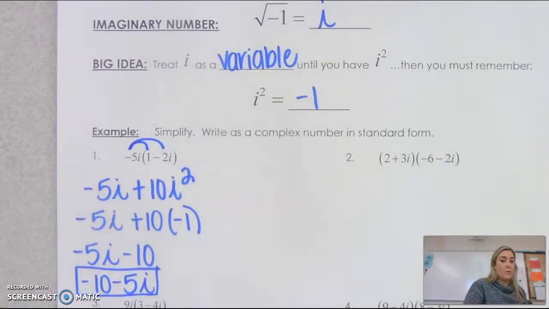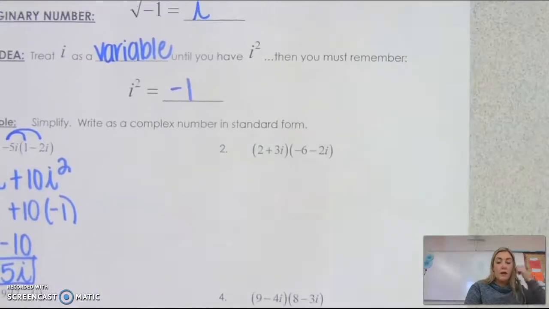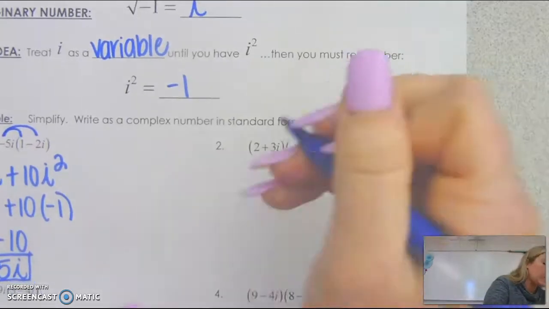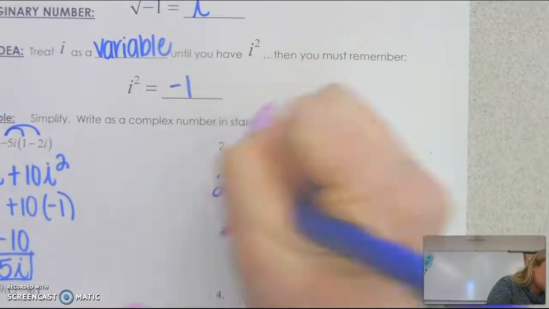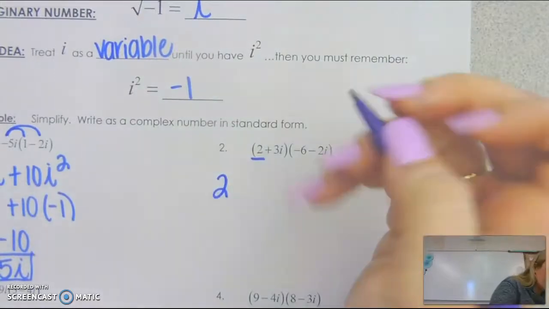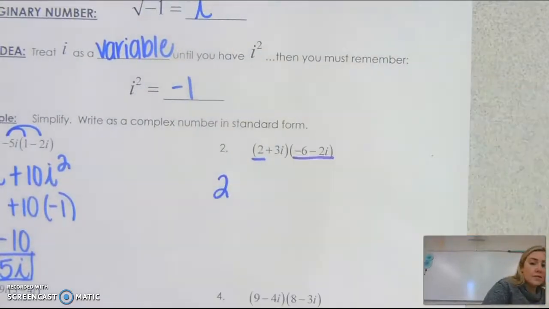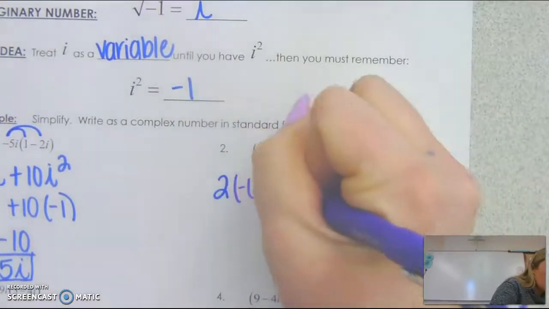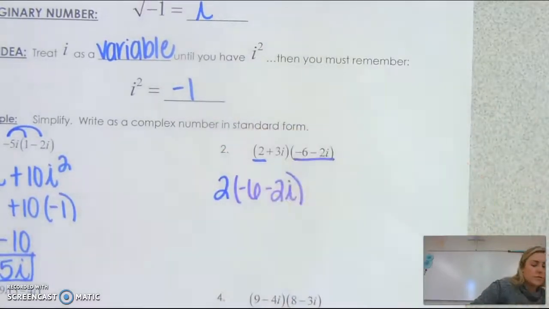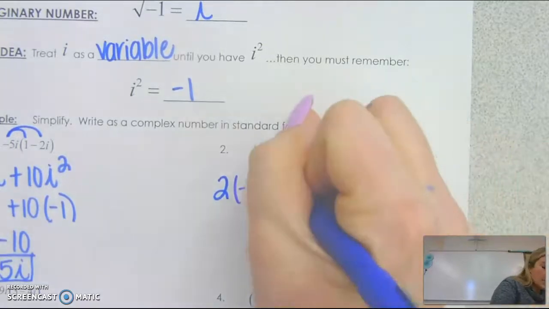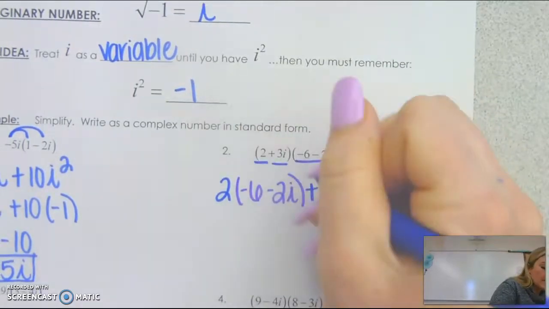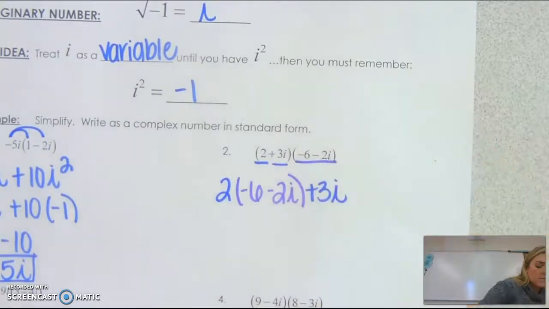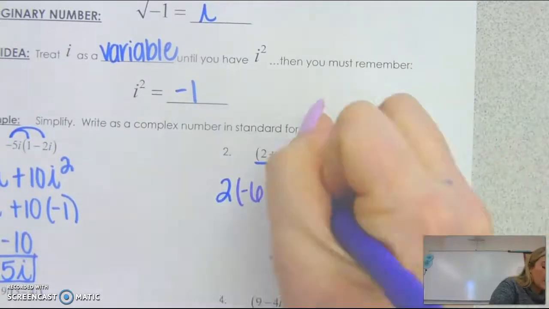All right, moving right along. Number 2 looks a lot like foiling, and if you remember, when we foiled, we kind of broke the parentheses apart, so that's what we're going to do. I'm going to start with the 2, and then write the second set of parentheses after it. So I have -6 minus 2i. Then I'm going to write plus 3i, and then the set of parentheses after it again.